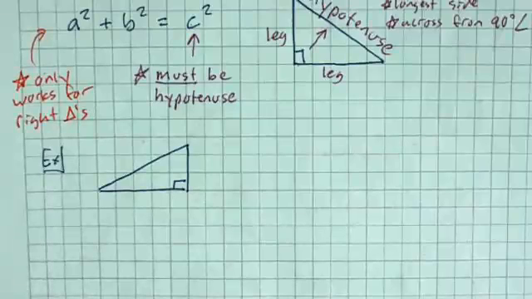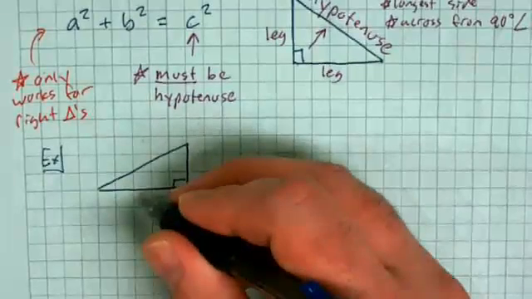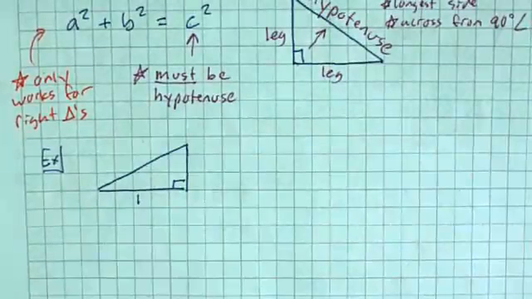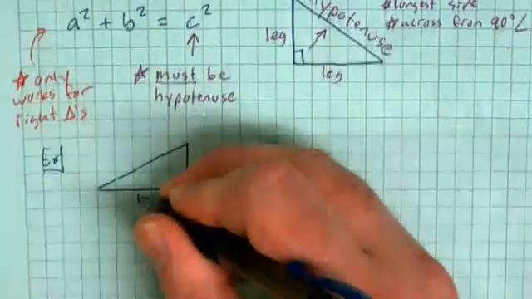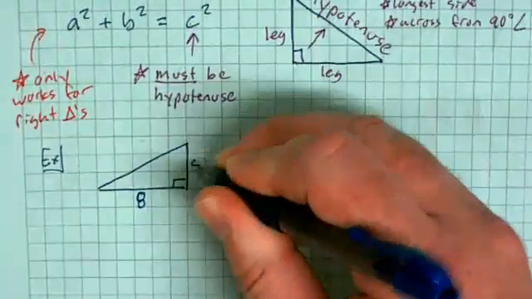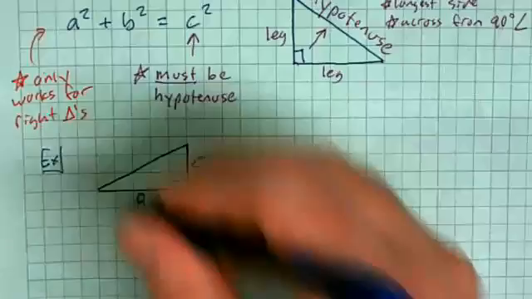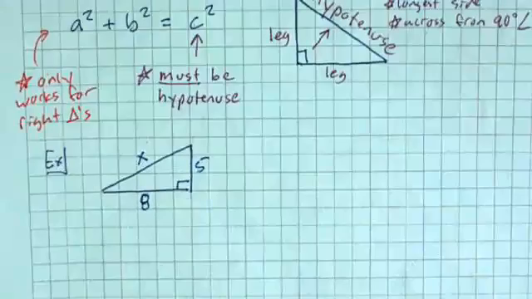And I'm just going to make up some numbers here. Let's say this is 17. No, we'll go smaller numbers for our example. Let's say this is 8 and this is 5. And for one reason or another, we're trying to figure out what x is.